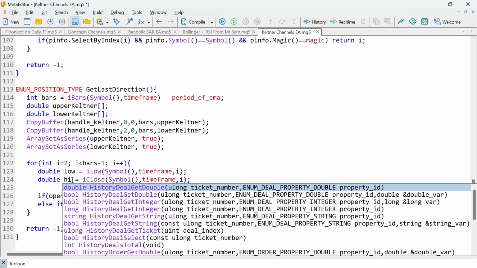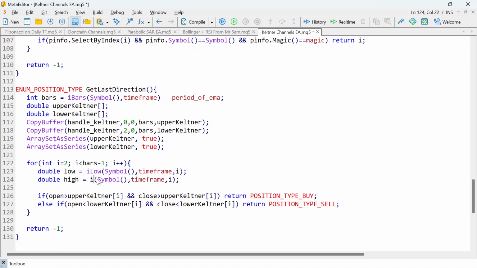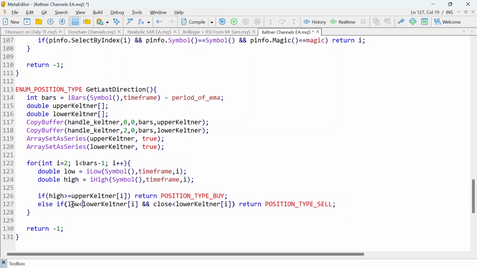Now change this to high, which is high high. So I'll say if the high is higher or equal to the upper Keltner, then I want to consider it as a buy, and this way, if it is lower or equal, I want to consider it as a sell. So that's what I'll be doing instead.